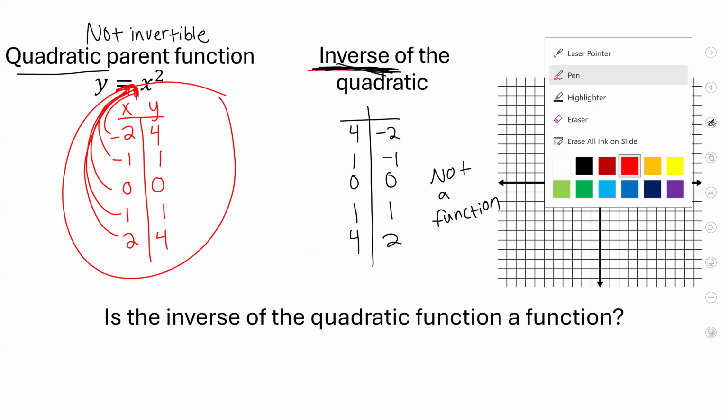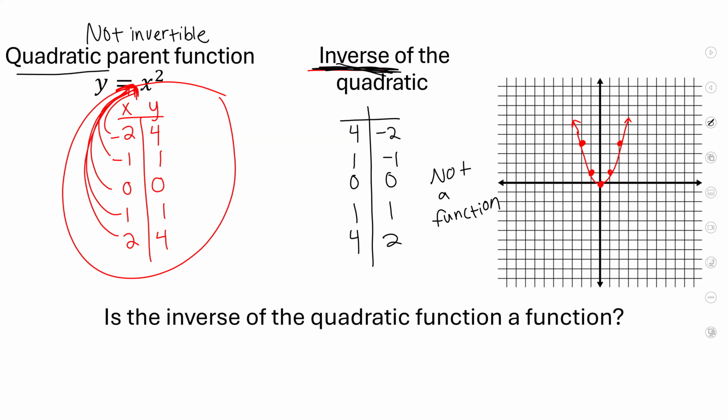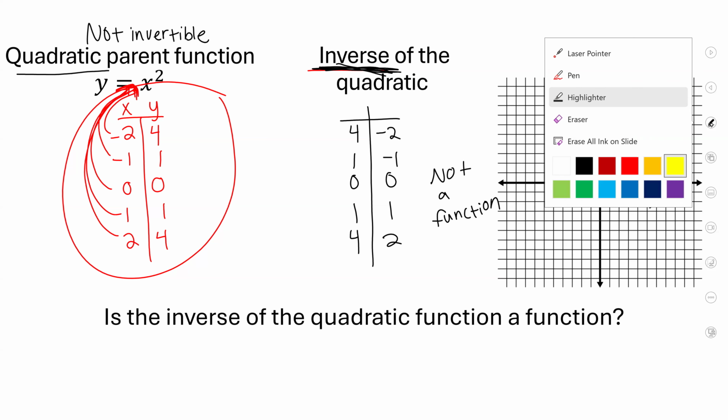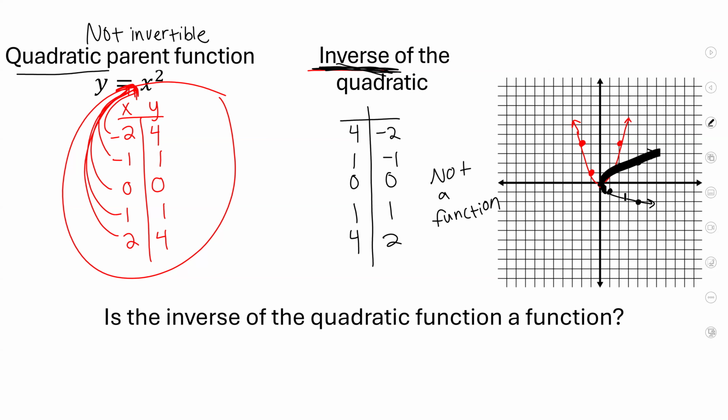The inverse, we tried to do the inverse. 4, -2 is here. 1, -1, 0, 0, 1, 1, 4, 2. This is the inverse. So guys, the inverse right here is in black right here. That's the inverse, at least we tried to.